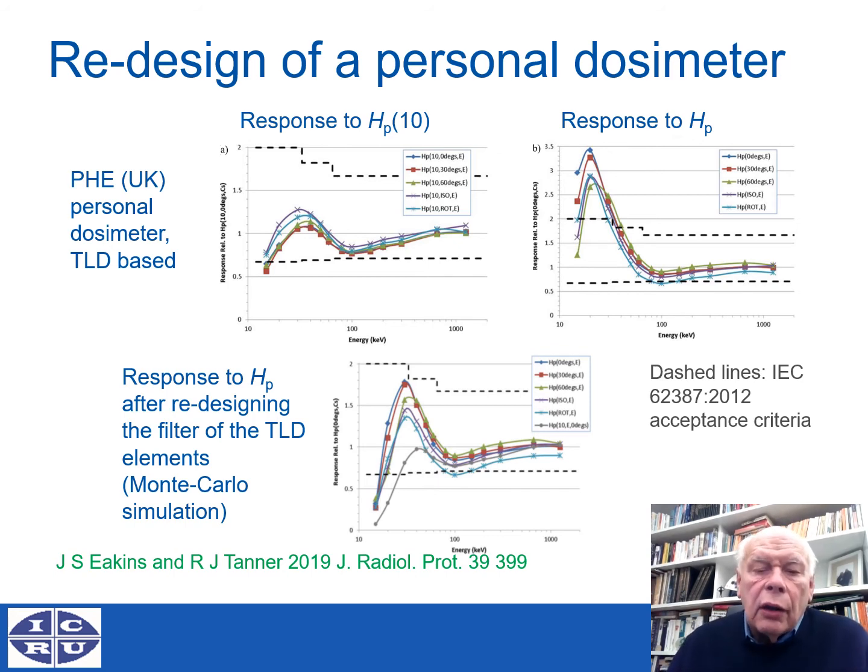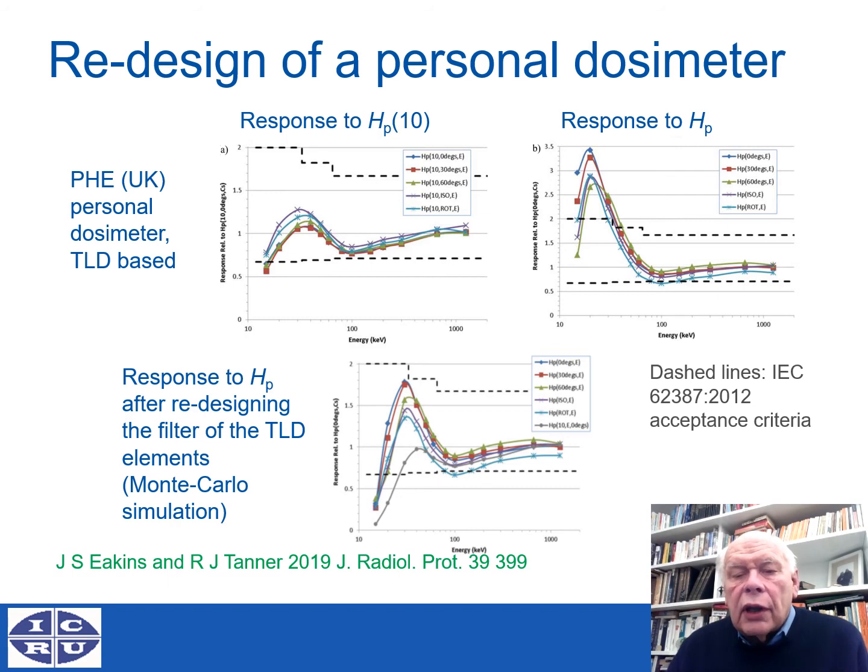In a publication by Eakins and Tanner, they show curves for the response of HP10, that means the old quantity, for different angles of incidence, and the curves lie within the acceptance interval given by the IEC.